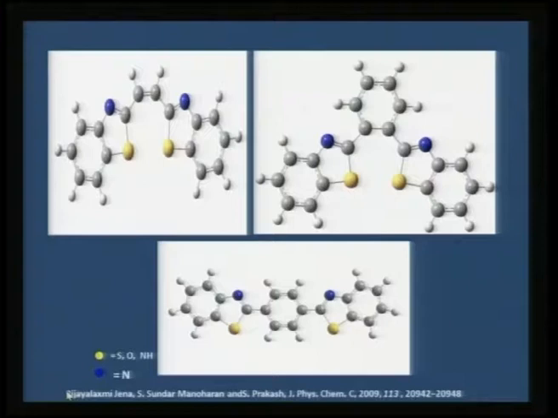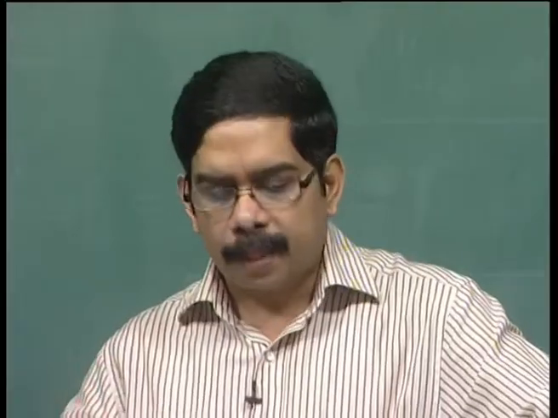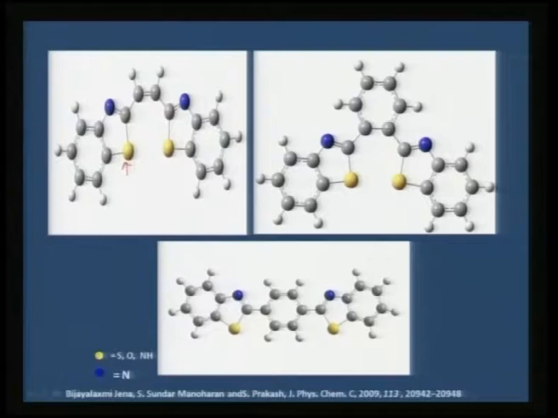For example, this is an example of two benzheterazole molecules. This can be nitrogen and sulfur, or nitrogen oxygen, or nitrogen nitrogen. So you can call this a benzheterazole in general, or benzthiazole if it is sulfur, benzoxazole if it is oxygen, benzimidazole if it is nitrogen.